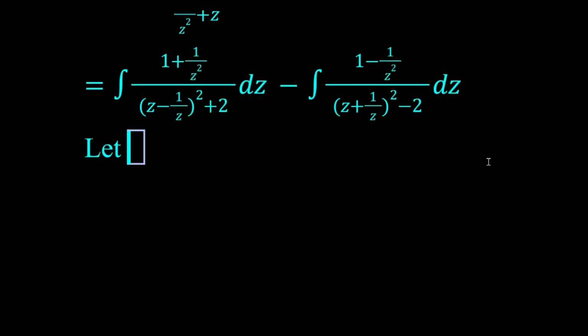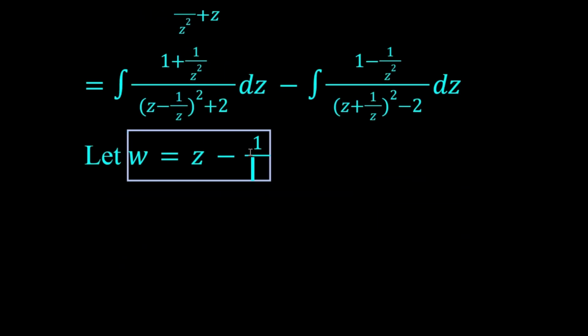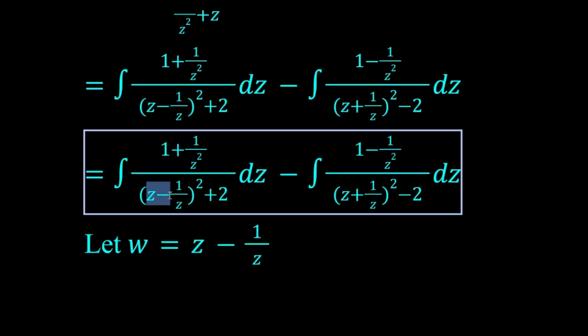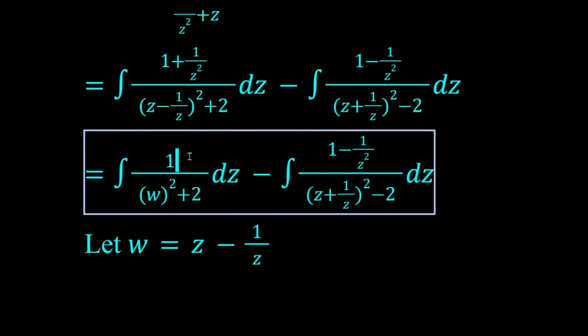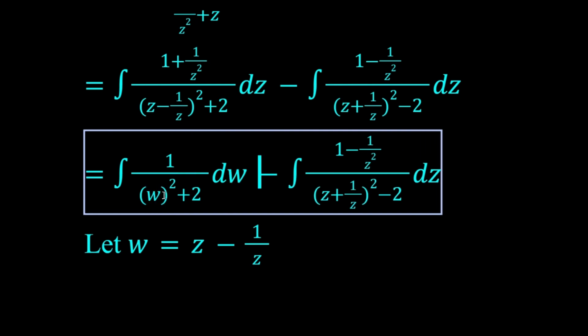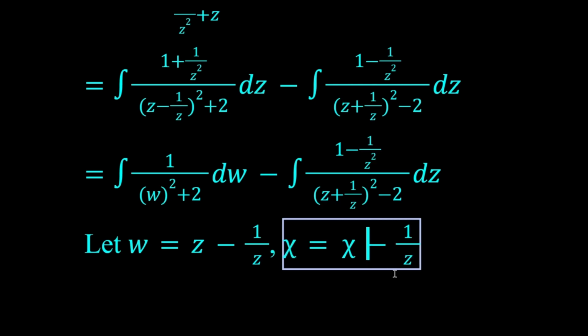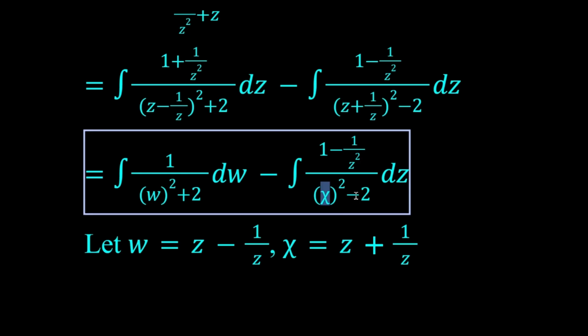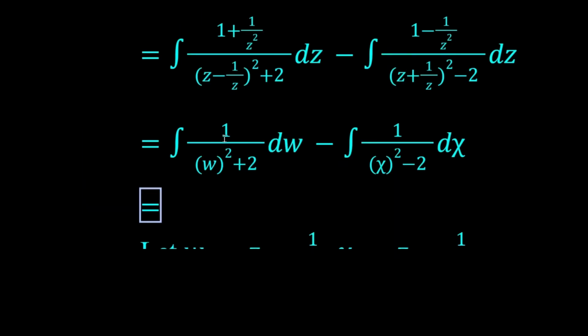So if we let w equal to this, then in this first integral we get w squared plus 2 here, and then dw, because that's just how it works. If we let chi, which is this Greek symbol, equal to z plus 1 on z for the second integral, we get something similar, and you will recognize these two integrals as basically the t and L functions.